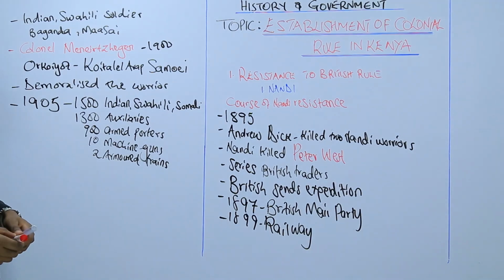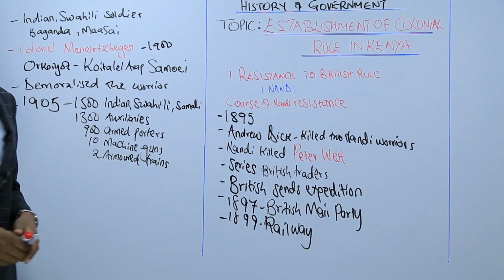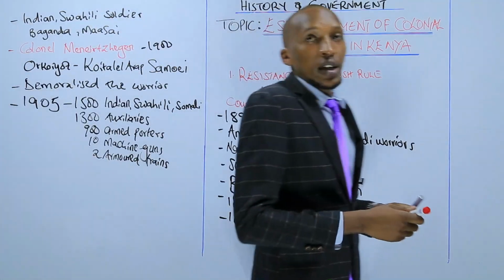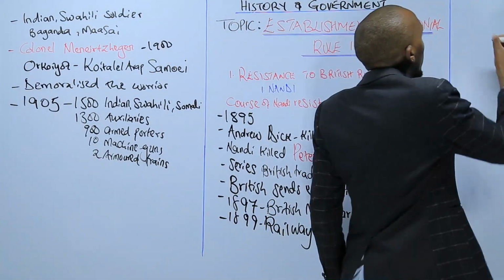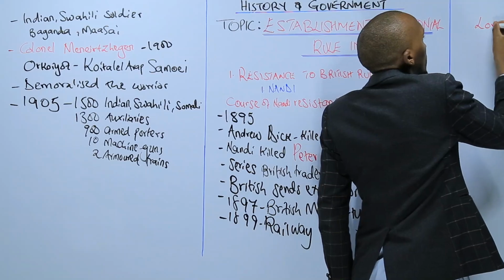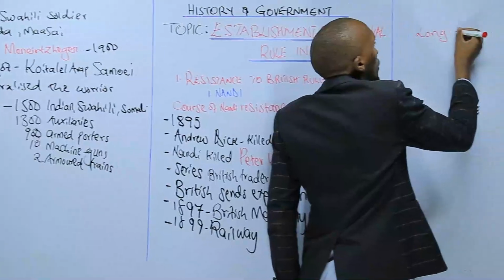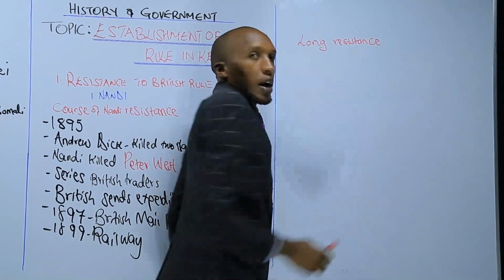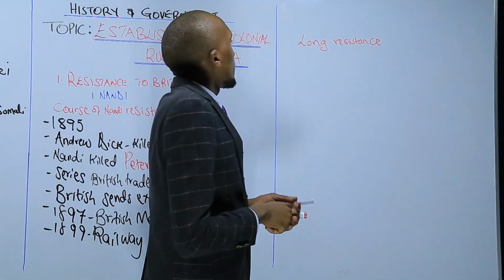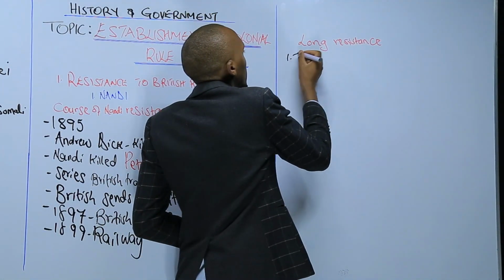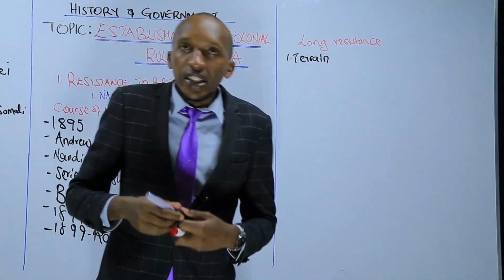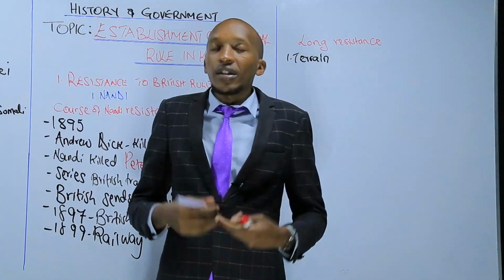So, reasons for the long resistance. Number one, they understood their terrain. So that is one reason why they put up a very long resistance. The terrain worked to their advantage. It was mountainous terrain, a highland, the Rift Valley.